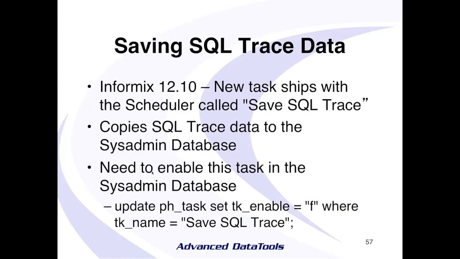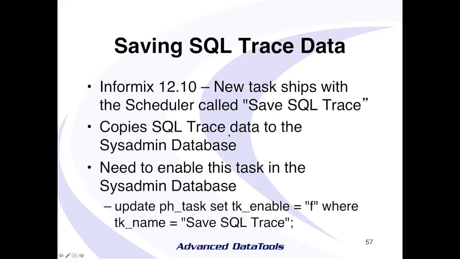Now, something I wanted to point out in 12, so the SQL trace data happens so quick you can miss it because one of the things I wanted to show you is when you run it, you'll actually see data goes through this, especially with 1,000 users, faster than we can capture it.